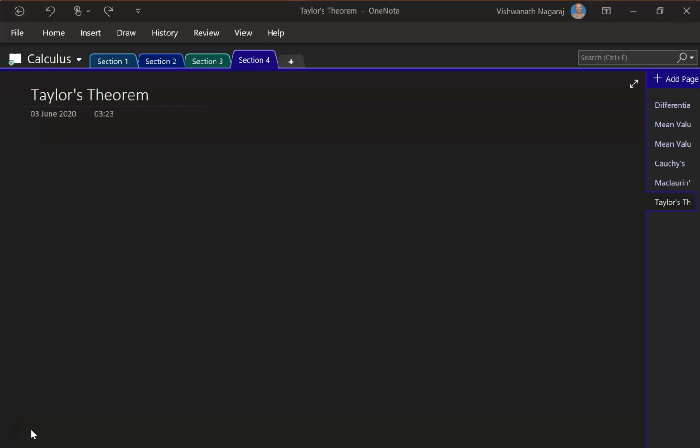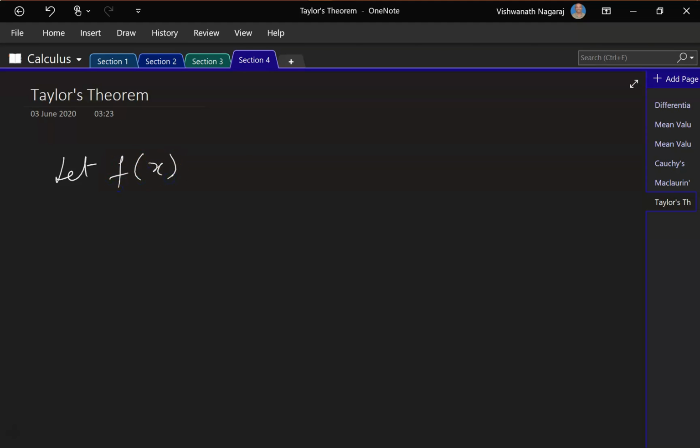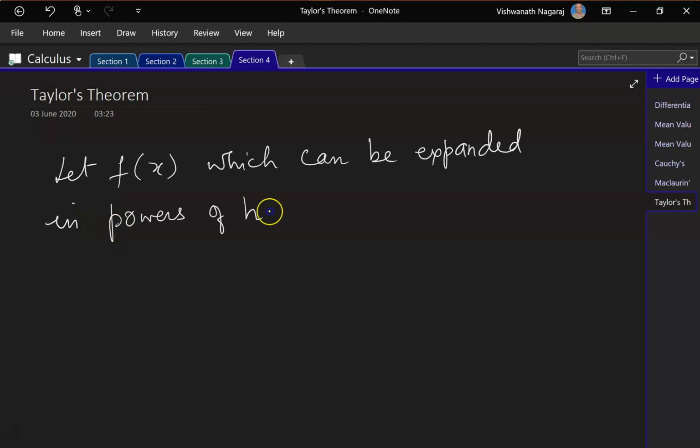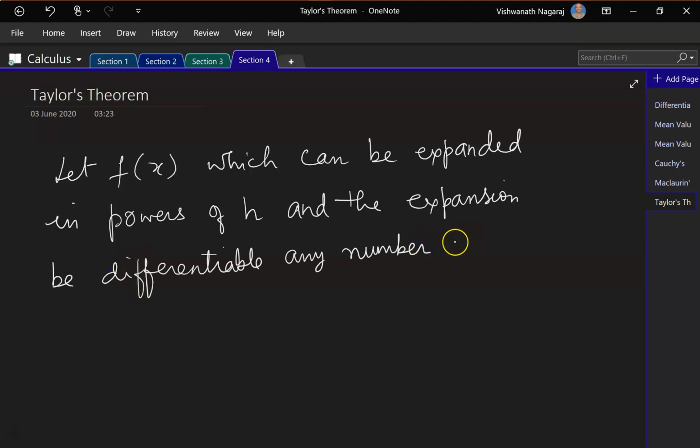Taylor's theorem. Now let's say we have a function f of x which can be expanded in powers of h, and the expansion is differentiable any number of times.